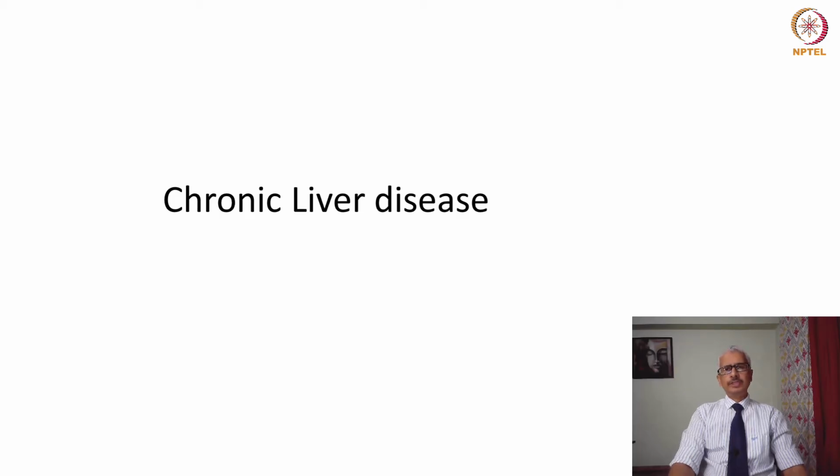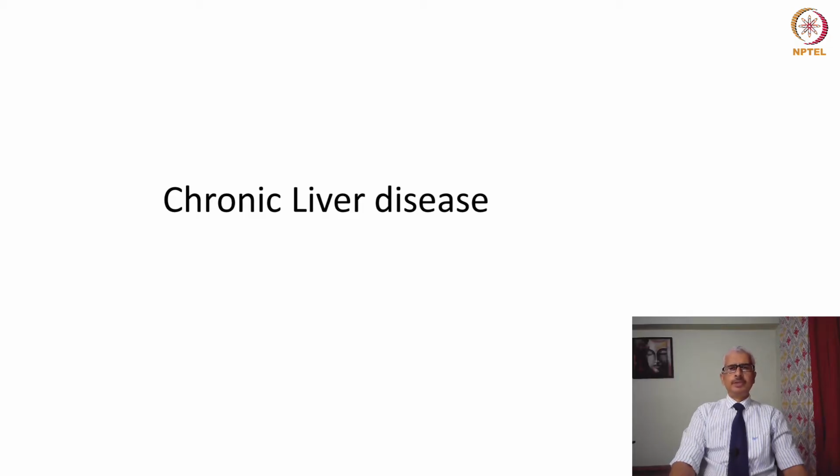Now, chronic liver disease is a progressive loss of liver function over a period of 6 months. CLD is a continuous process of inflammation, followed by destruction, and this is followed by regeneration of the liver parenchyma.